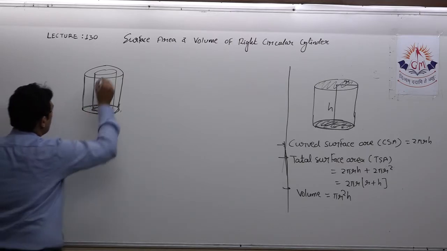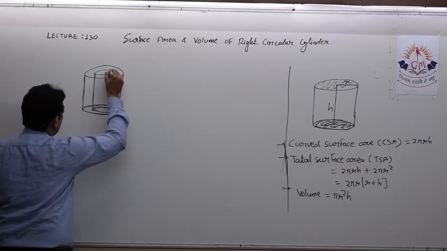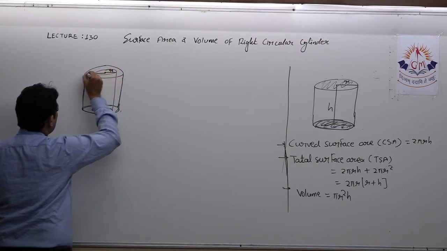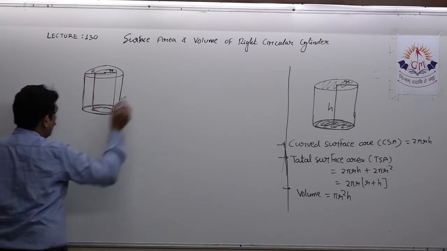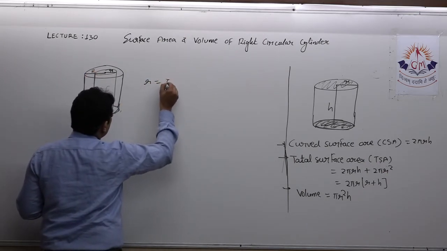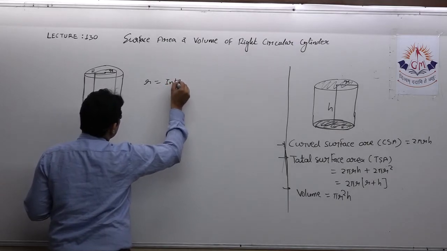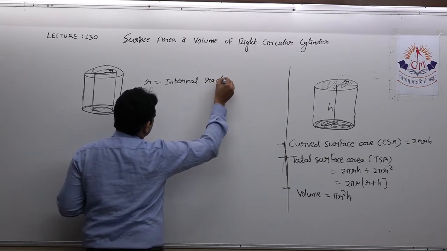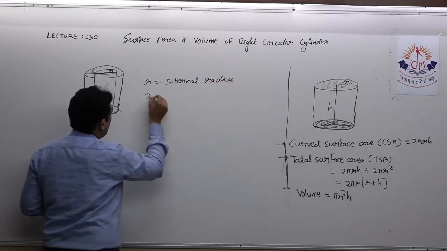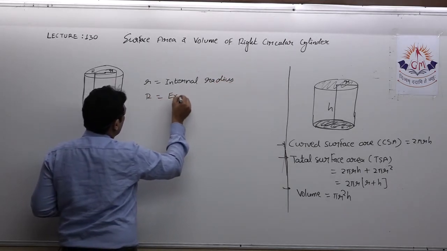Now from the center to this portion is the inner radius. I'll consider this a small r, and from the center to the outer boundary, I'll get capital R. That means small r is the inner radius or internal radius, and capital R is the external radius or the outer radius.